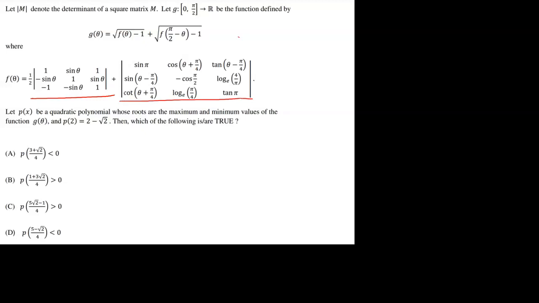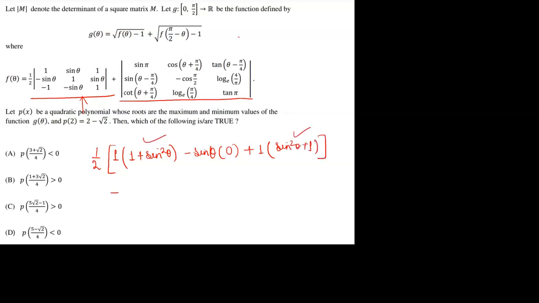So if I simplify this determinant, firstly this determinant, it will be like that: half is all outside, 1 2 1 plus sine square theta, and then minus sine theta times minus sine theta plus sine theta, that will be 0, plus 1 times sine square theta plus 1 plus 1.